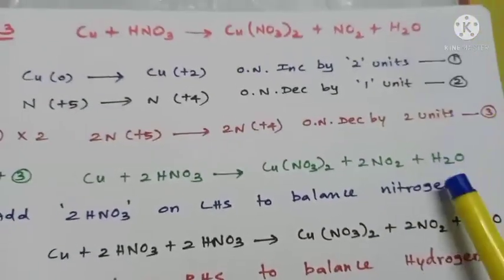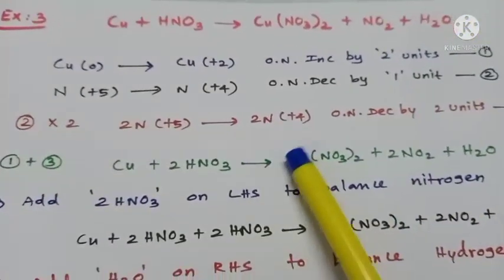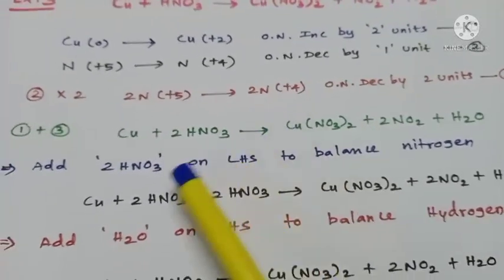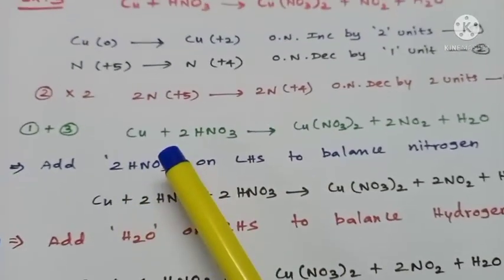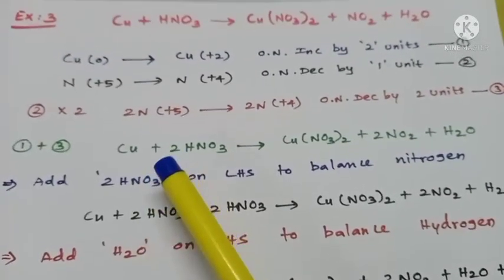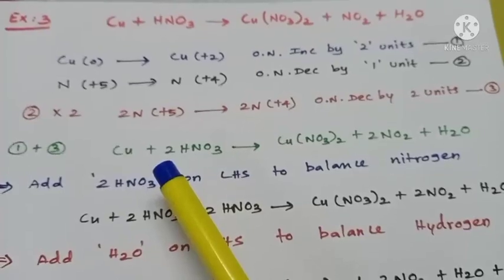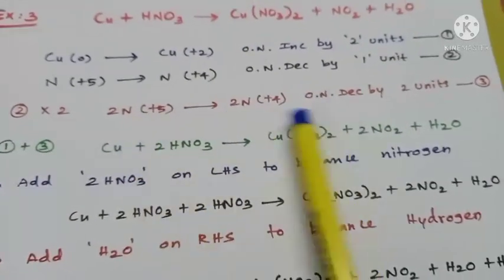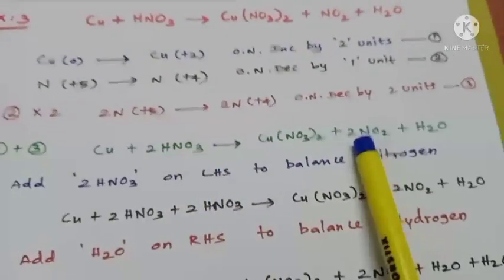The extra water I bring it down. But now in this equation, the oxidation number increase and decrease are equal. Okay, right. But now let us check the atoms which are oxidized as well as which are reduced. Copper is oxidized, nitrogen is reduced. So they are balanced. Copper 1 on either side, nitrogen here 2, here also.